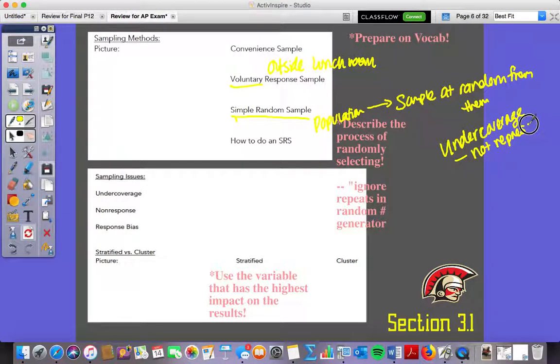And it is not representative of the population, and it's excluding a certain group. Okay. So think of it like if we were trying to figure out what people thought about the new uniform policy that GAC is going to have next year. Then what they would do is go outside of the lunchroom and do that.